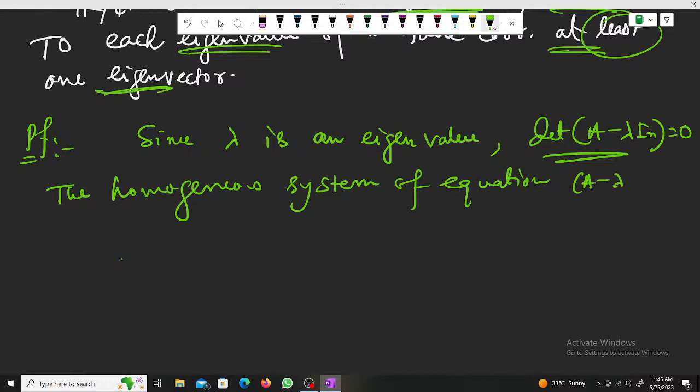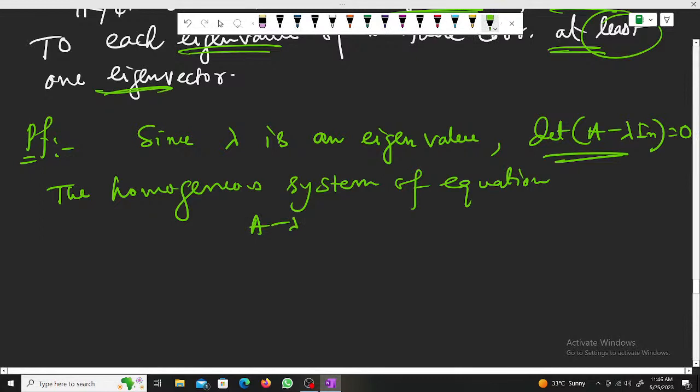Sorry, this is not true. Homogeneous system equation (A minus lambda I_n) into x is equal to 0. This is the homogeneous equation, তাই তো?